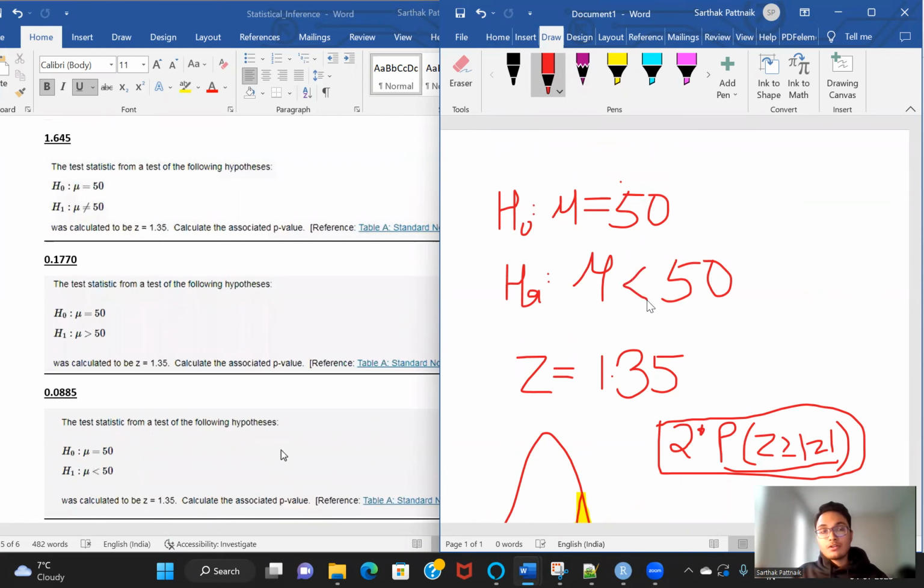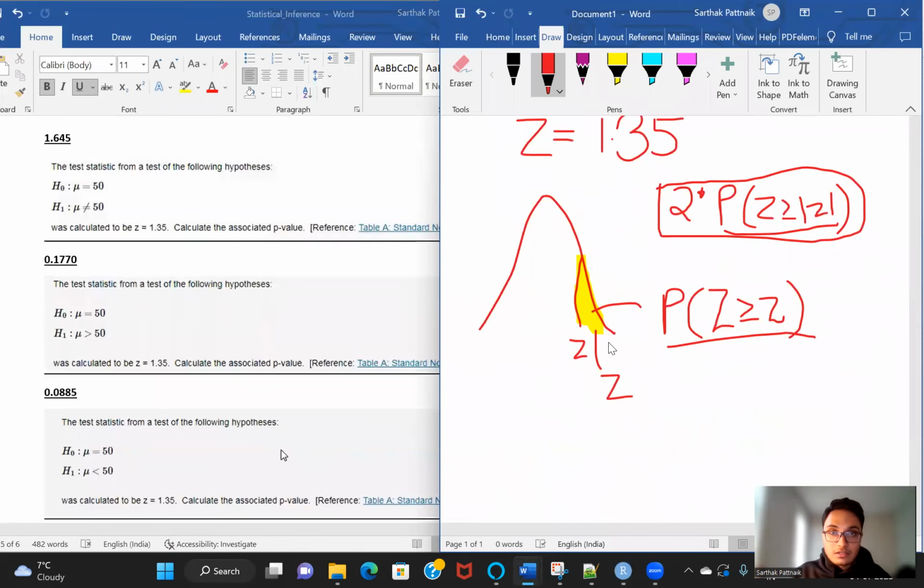If you see from these three questions, your concept of single-sided and double-sided tests will be extremely lucid, because these three examples represent the three fundamental scenarios that we have seen in our previous sessions. So this time it's very simple. We need to calculate the p-value for mu less than 50.